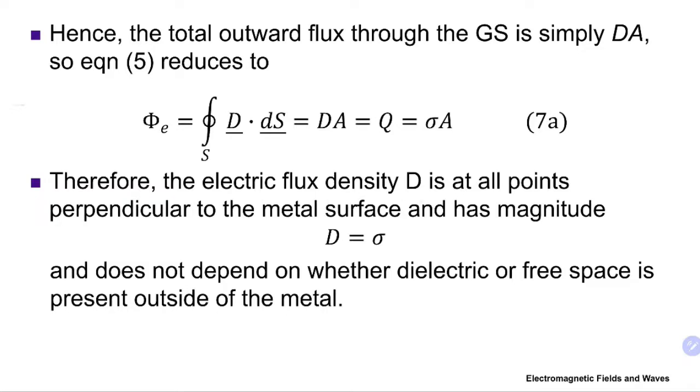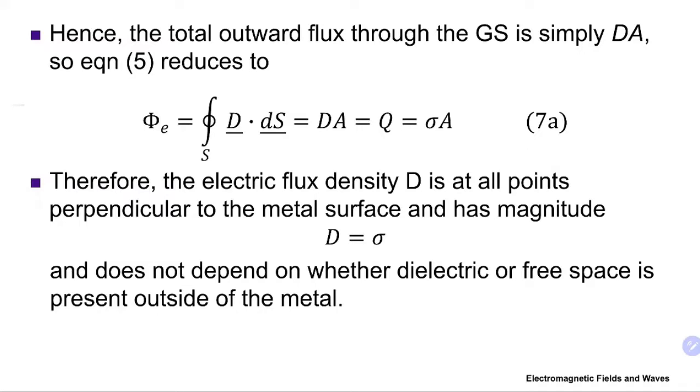So the electric flux density D is at all points perpendicular to the metal surface and has a magnitude of D equals sigma, which is the charge density, and does not depend on whether there are dielectrics or free space outside the metal.